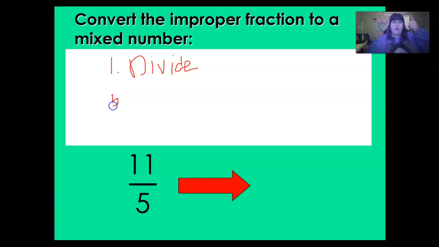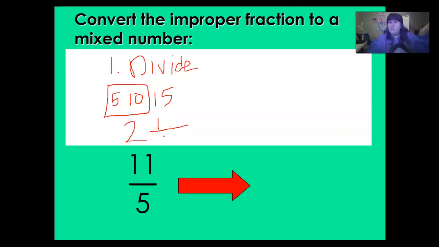Well, 5, 10, 15. Oh, that's too many. I don't have 15. I only have 11. I could make 2 whole groups of 5, but that only got me to 10. How many extras would I need to get to 11, the numerator I started with? 10, 11, one more. And my denominator changes or stays the same?